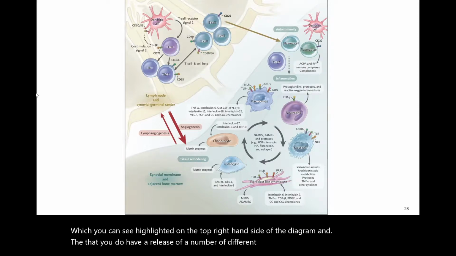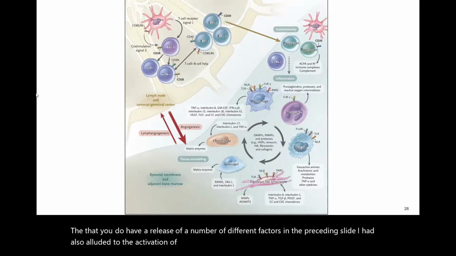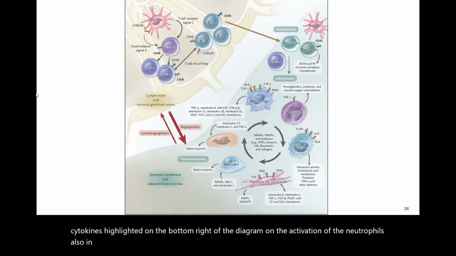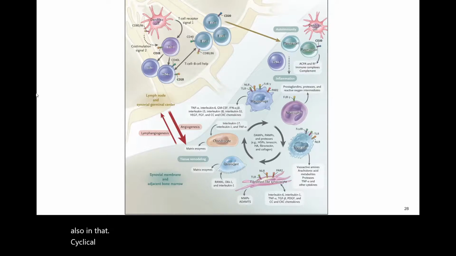In the preceding slide, I had also alluded to the activation of your inflammatory cytokines. You can see a number of those cytokines highlighted on the bottom right of the diagram. The activation of the neutrophils also in that cyclical pattern highlighted on the bottom right.